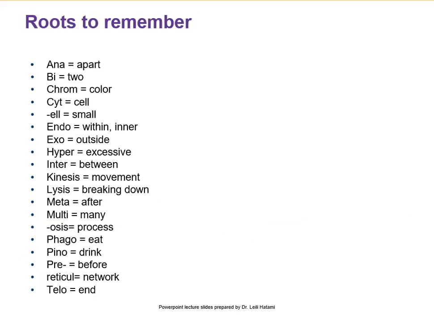And at the end, there are word roots to remember that help you memorize the terms in this chapter. Like anaphase, as ana means apart. So just remember that anaphase is the phase in which the chromatids are taken apart, or pulled away from each other.